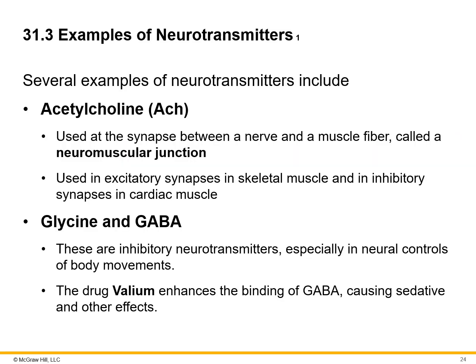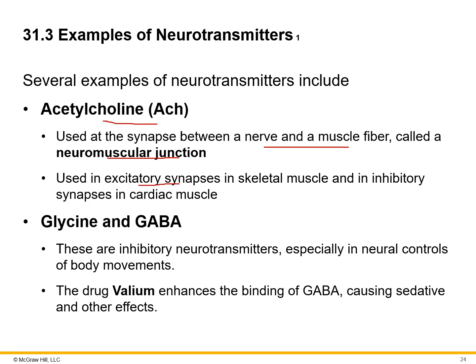All right, so a few different types of neurotransmitters. There are many, many, many. We're not covering them all, but a few of the key ones. So acetylcholine, this is one of the excitatory neurotransmitters. It's typically found at muscle fibers, so it's going to cause contraction or activation of a muscle. Where the neuron and the muscle fiber come together is called a neuromuscular junction. And again, this is an excitatory synapse.